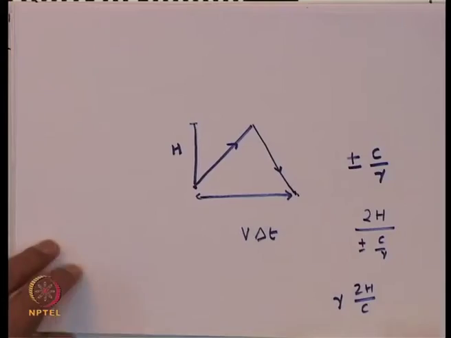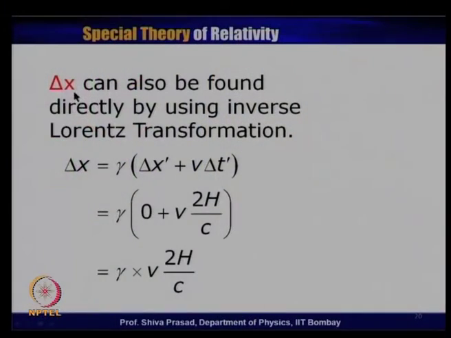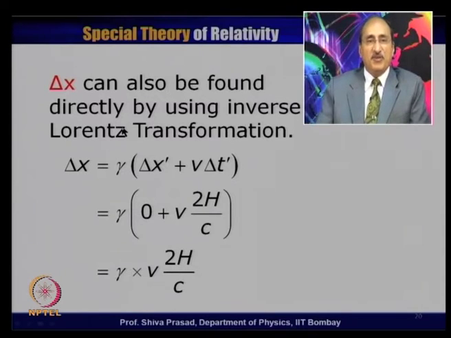I could have also done a direct inverse transformation on delta x and obtained exactly the same result, which I have shown in this particular transparency. Delta x can also be found directly by using the inverse Lorentz transformation.